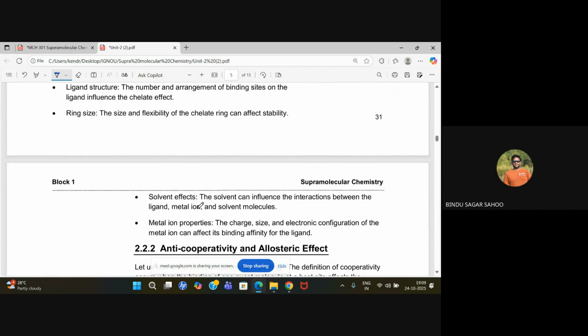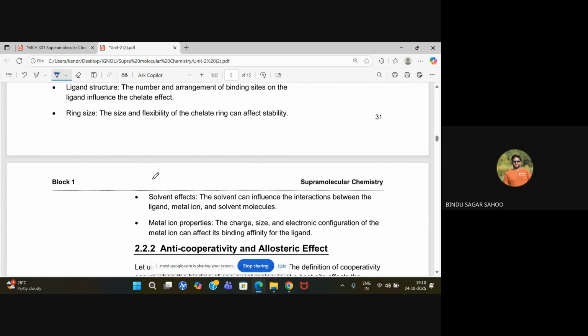Then the third factor is the solvent factor. Solvent makes a big interaction with the metal and ligand. After 3 to 4 slides, we will discuss how solvent can impact the interaction between the metal and ligand. Initially, when the host and guest molecule interact with each other, they are attached with some solvent molecules.